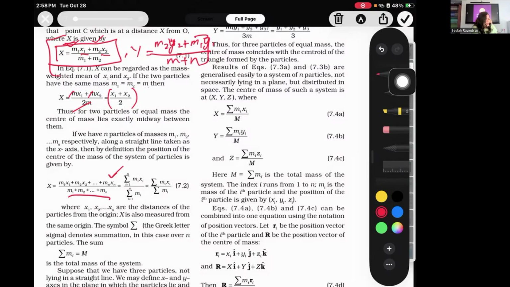So in short, we can write it with a summation, where i goes from 1 to n. You write the summation over mi xi in the numerator, where i stands from 1 to n. In the denominator, summation over mi alone, where i goes from 1 to n.